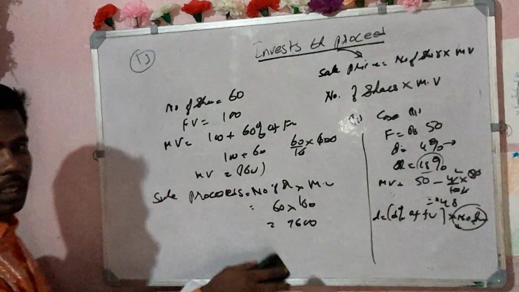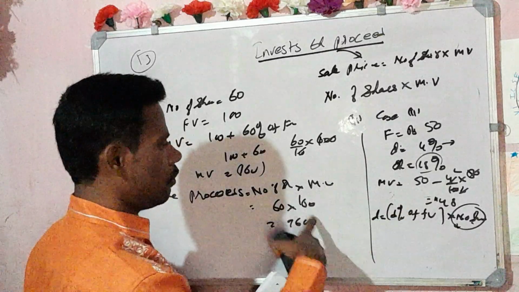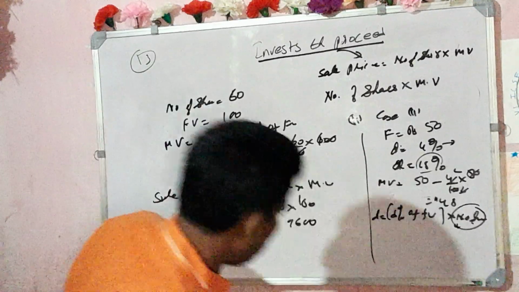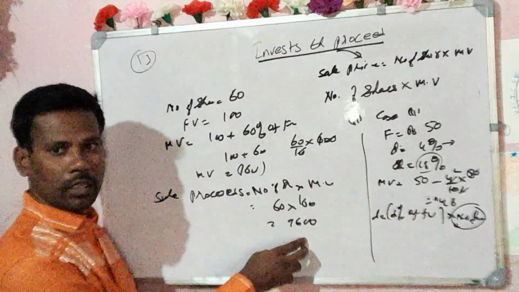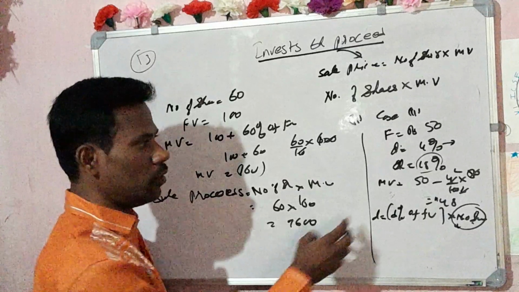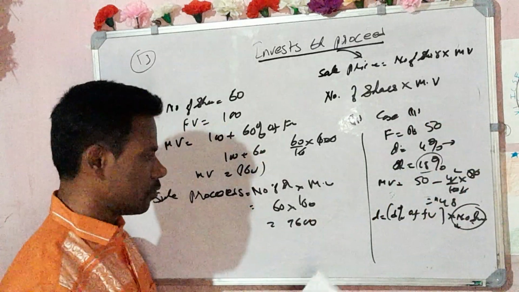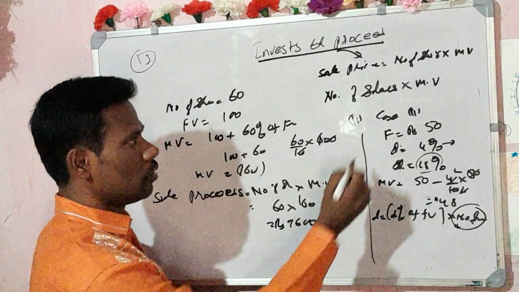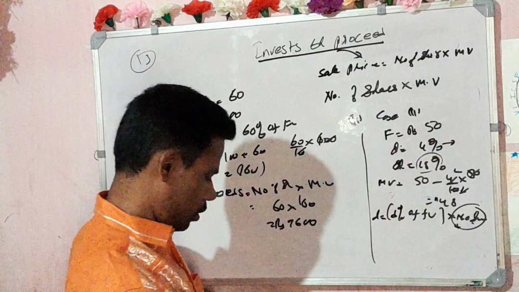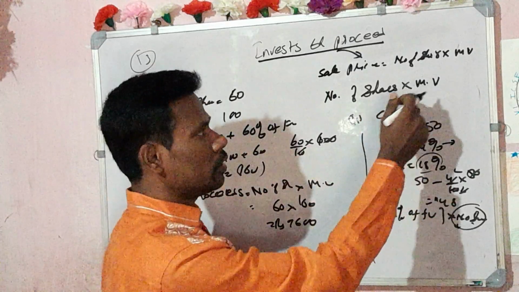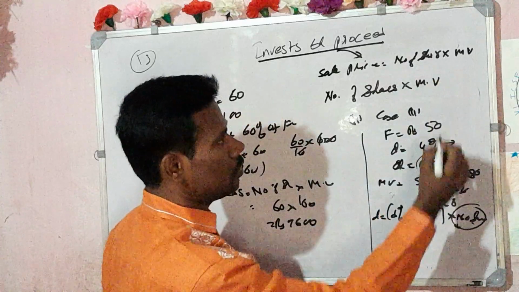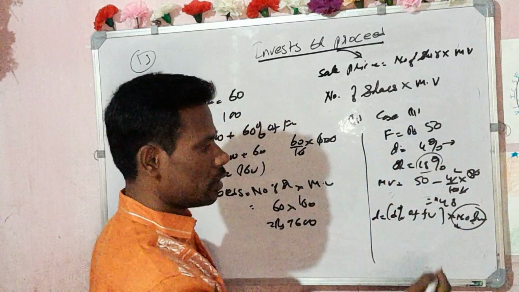Until here, any doubts? Total investment, I told you, the sale proceeds is nothing but 9,600. Sale proceeds 9,600 we got. That means 9,600 is the investment.